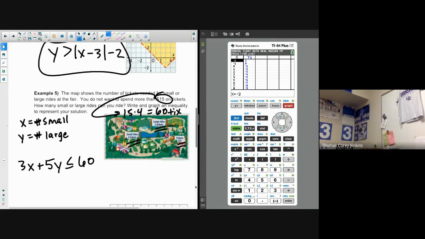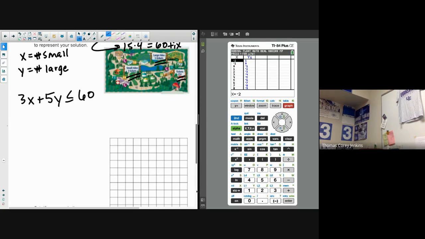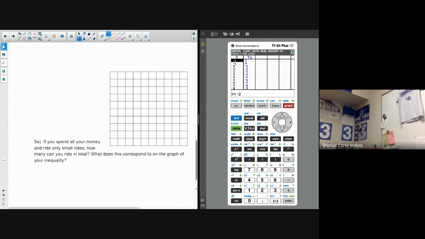All right, so that is my inequality. And then we want to try to graph that. Okay, so remember on your graph which axis is which here. Your small is on the x-axis, so this would be the number of small rides here, the number of large, I can write sideways here. So think about your x and y intercept.